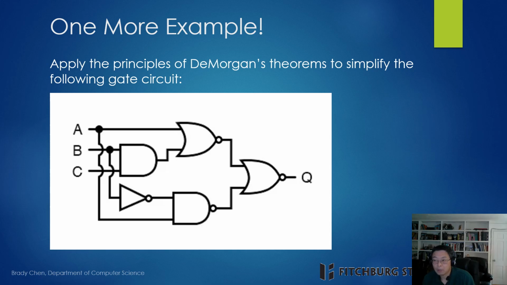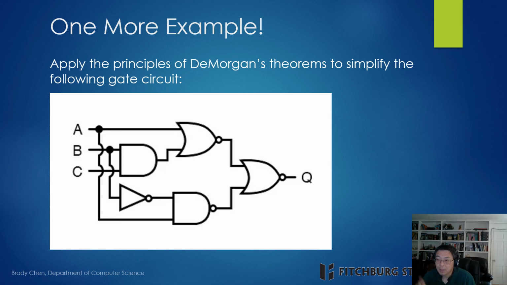Take a look at some previous slides. We talked about 3 steps, right? Step number 1, we need to find out the logic expression for this circuit. What's the logic expression associated with this circuit diagram?